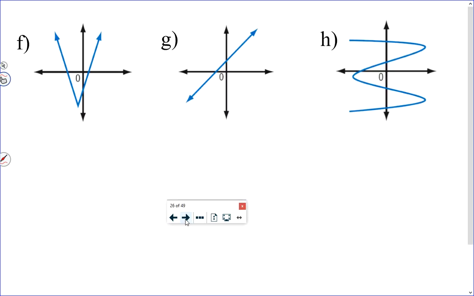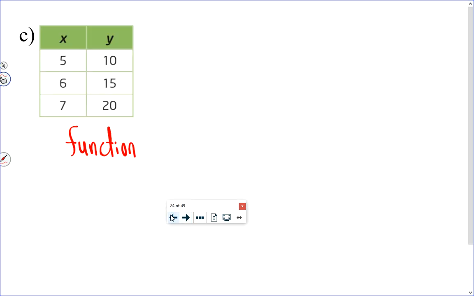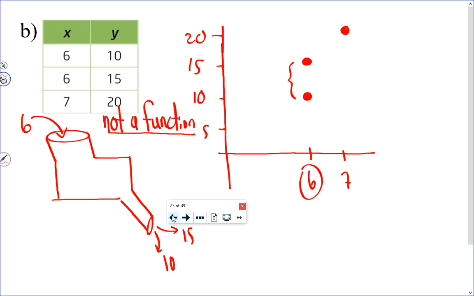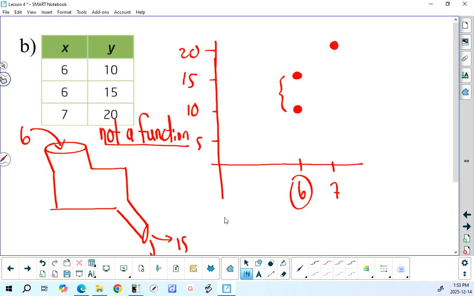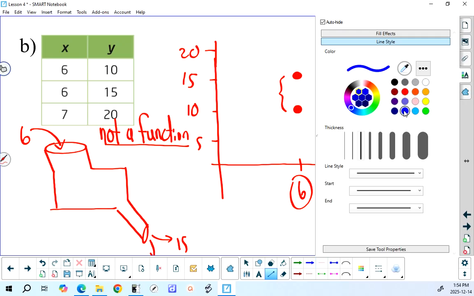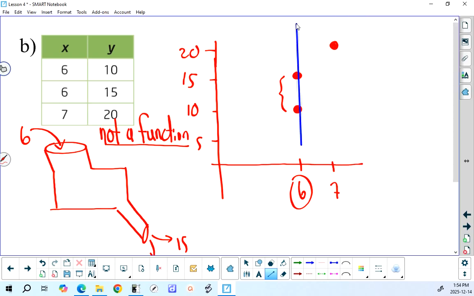When you have a graph, and I actually want to go back to A and B here. Well, we'll talk about B. This is not a function. And I want you to notice that the only way you can have multiple different values of y with one single value of x is if you can draw a vertical line that passes through more than one point.